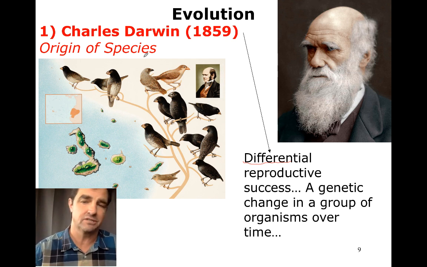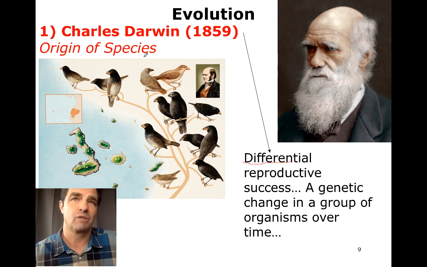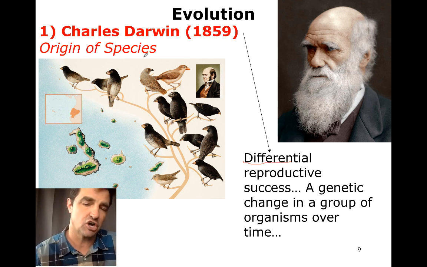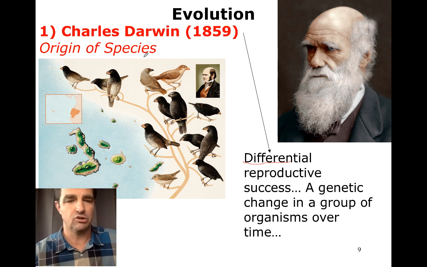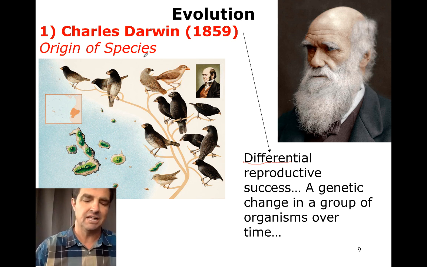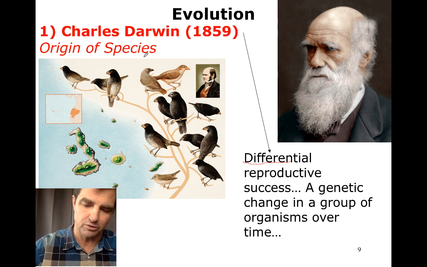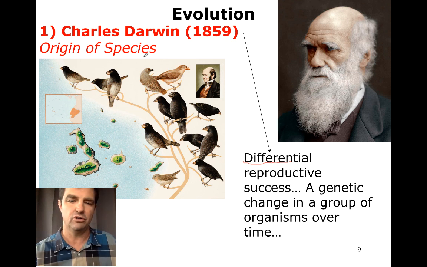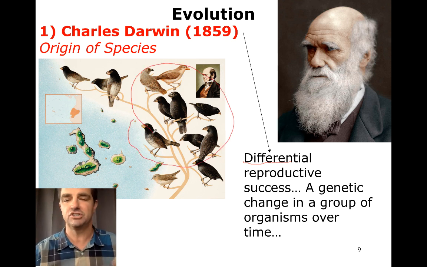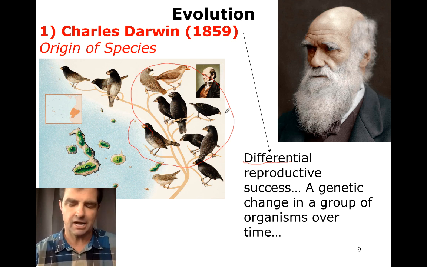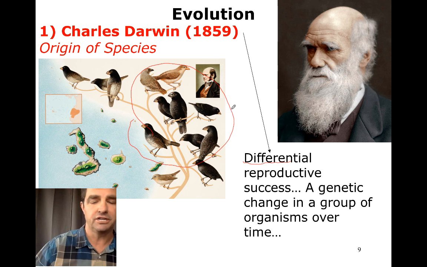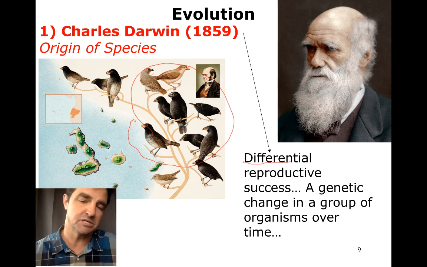And the most famous person that most people know about when they talk about evolution is, of course, Charles Darwin, who published The Origin of Species in 1859. And if you know about Charles Darwin, what you probably know most is about Darwin's finches, and the idea that Darwin collected these finches on his journey and then identified them as new species.